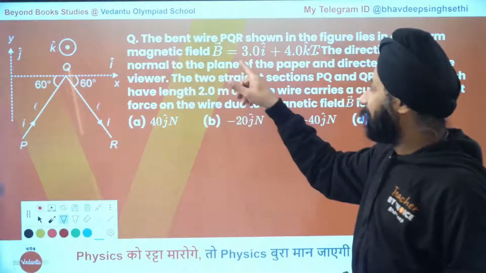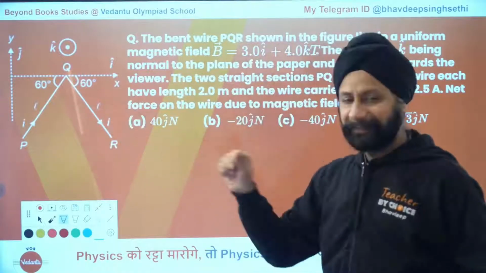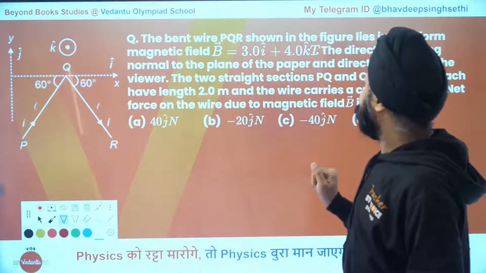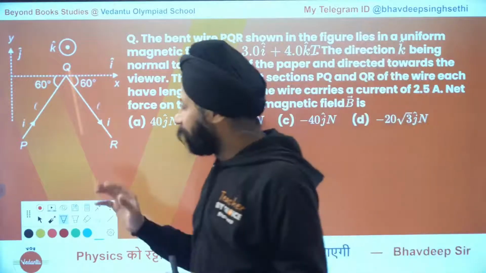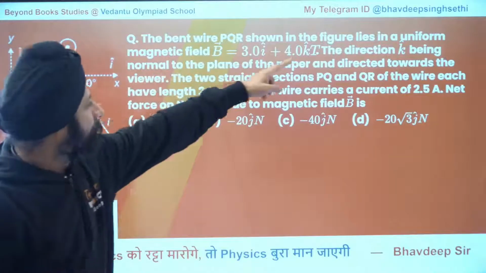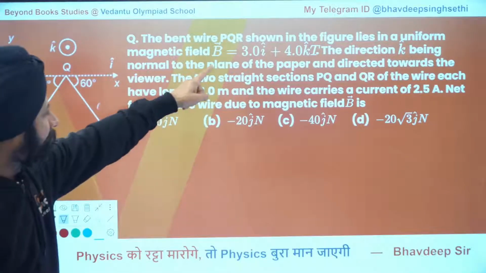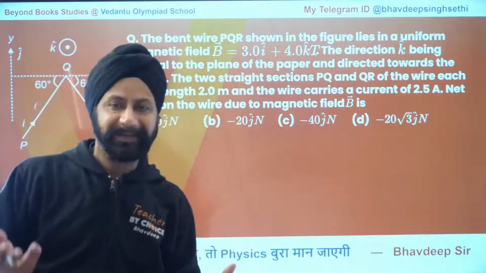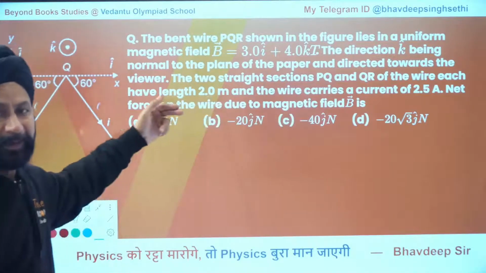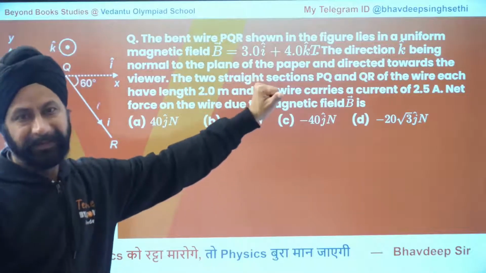So a bent wire, this is a wire, it is bent like this, and this is 60 degrees, this is 60 degrees, and it lies in a uniform magnetic field. It says the bent wire shown in the figure lies in a uniform magnetic field B given by 3I plus 4K Tesla. So 3I as in magnetic field this way and 4K Tesla, right?